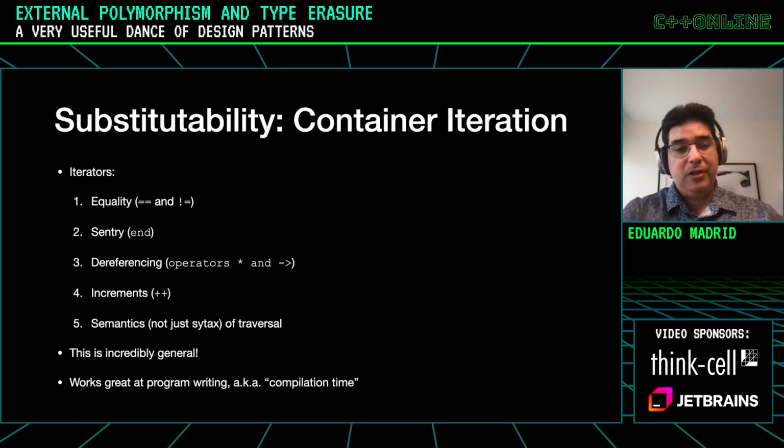You might want to have a sentry to end the iteration, in particular the end iterator. You need the dereferencing to access the value of the container behind the iterator. You need to increment the iterators. And the things that I just mentioned are syntactical, but you also need the things that are semantical about traversal. Like, for example, if you start in the beginning and end in the end, you're going to traverse all of the elements in a collection or container.